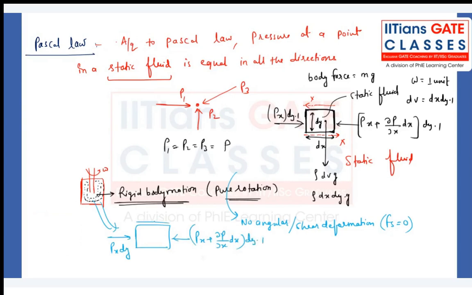Once again the shear stress is going to be absent, so the pressure will be the same in all directions. So the picture we drew for the static fluid is also applicable for a fluid element undergoing rigid body motion. Make a note of it.